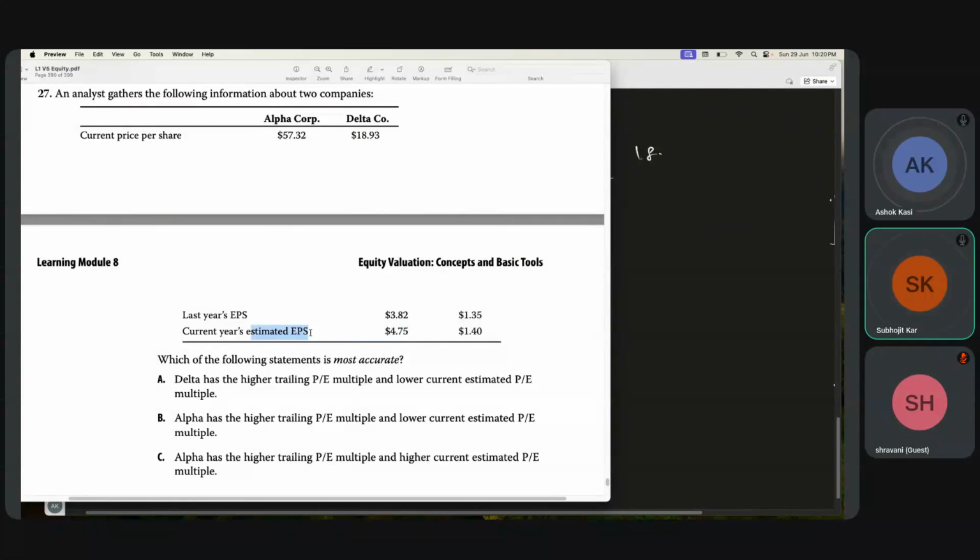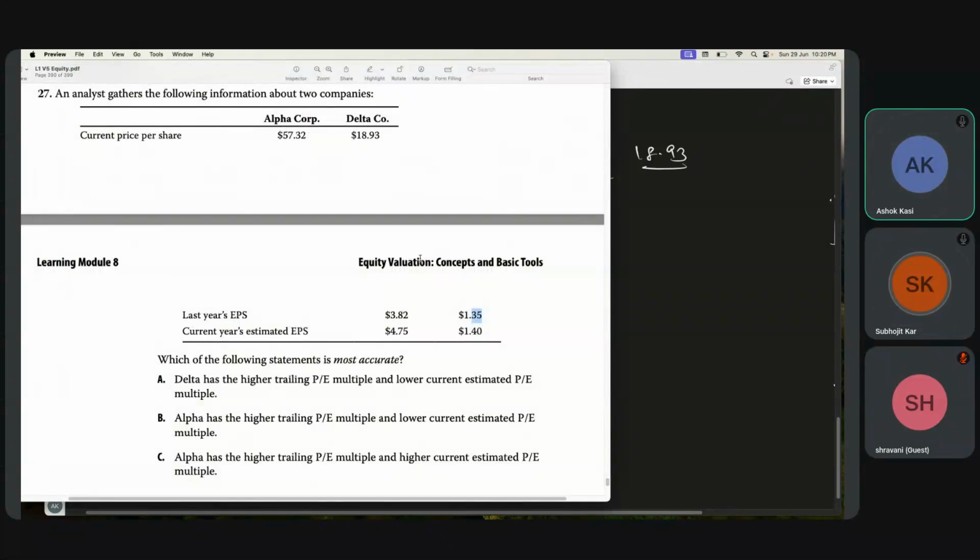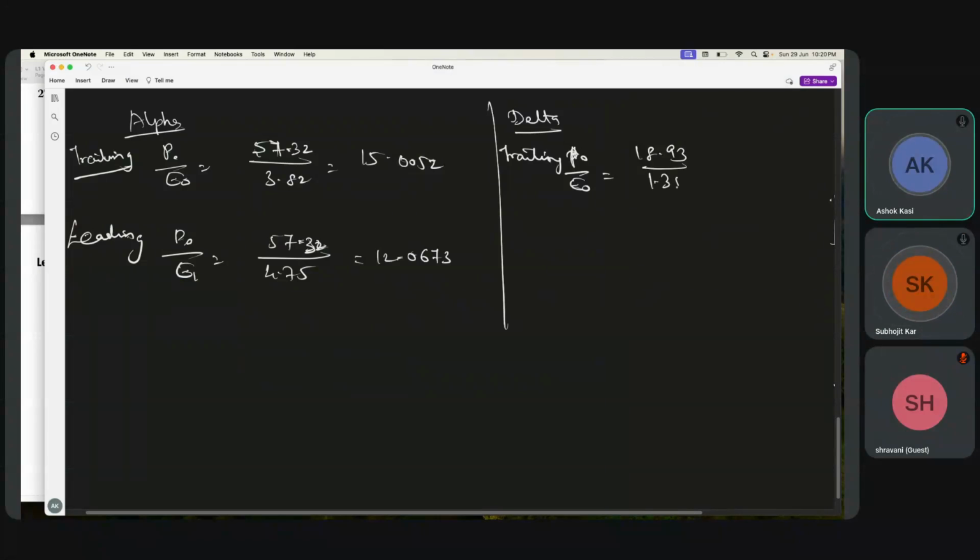The last year's is E0. So 18.93 divided by E0, last year is 1.35. That's 14.0222. And leading PE.